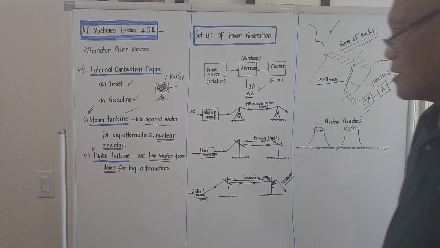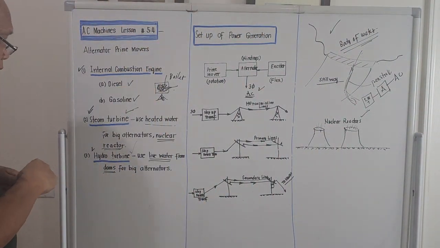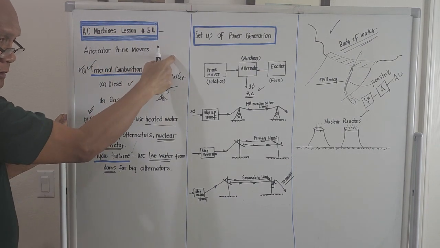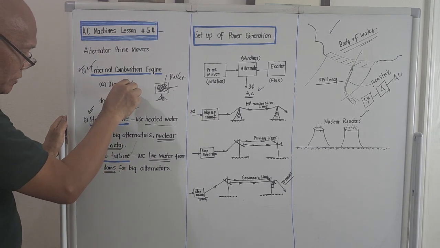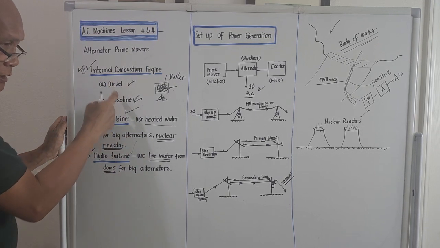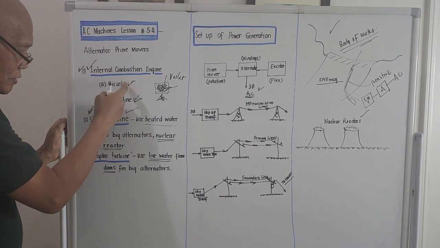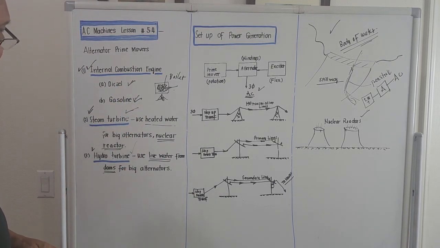Okay, so these are the prime movers of alternators. For small alternators, it could be an internal combustion engine, either a diesel engine or a gasoline engine. The problem here is that diesel and gasoline are expensive, so if you keep generating electricity using diesel and gasoline, okay, we are in trouble.